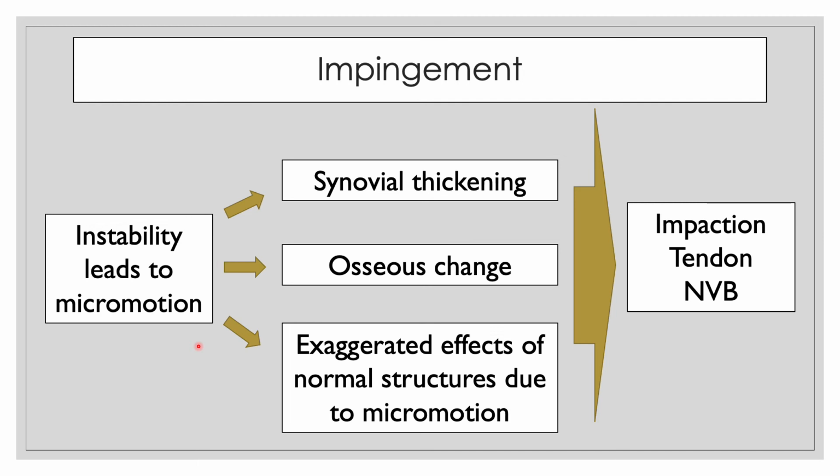It can result in bony osteophyte formation, and you can also have normal structures like accessory ossicles that normally live there, but because of this exaggerated mobility, those structures also cause an element of impingement. And this impingement happens on the tendons or the neurovascular structures, producing symptoms.